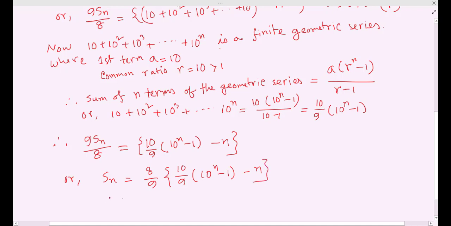Or you can say Sn equals 80 by 81 into 10 to the power n minus 1, minus 8n by 9. So this is the answer.